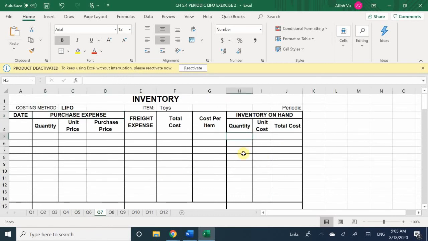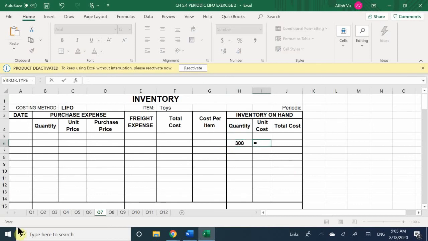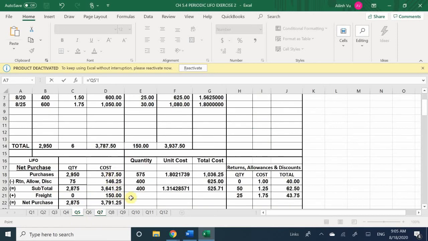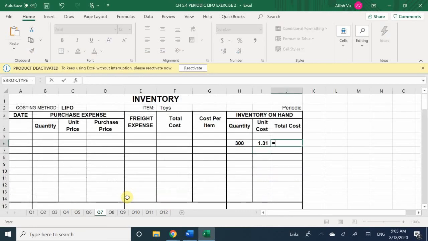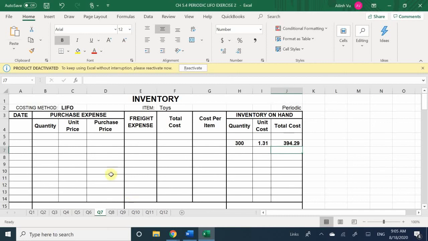Now let me see. We got 300 here, and that should equal out to your remaining 394.29.